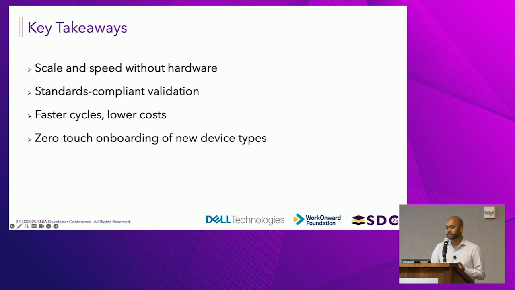This comes when we implement the embedding, which I spoke about in the earlier slides, putting an embedding layer over there. Another is that the organization also achieves a significant ROI through the shorter validation cycle. And the last is the zero-touch onboarding of new devices.